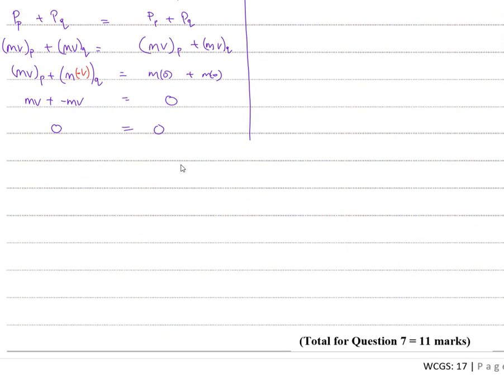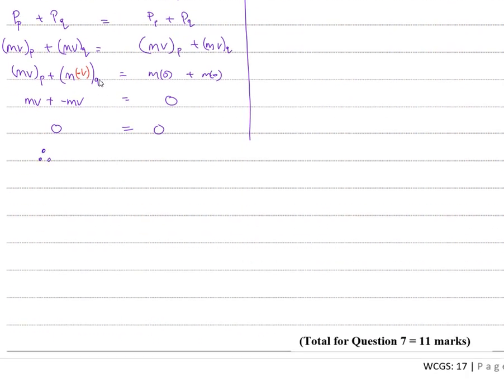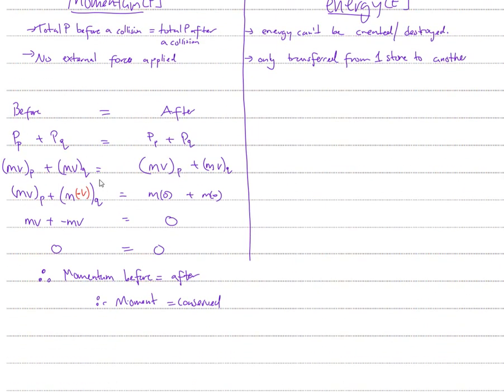Therefore, we can say momentum is conserved because the momentum before a collision is the same as the momentum after the collision. Therefore, this will be unit kgm/s. Okay. Now we are going to apply the same thing for energy this time.